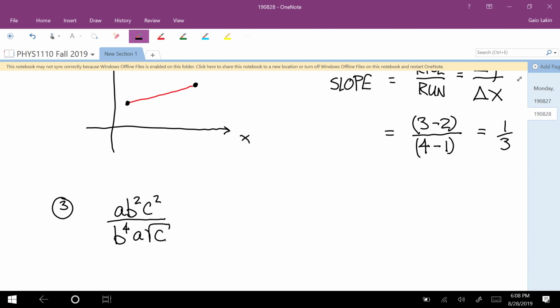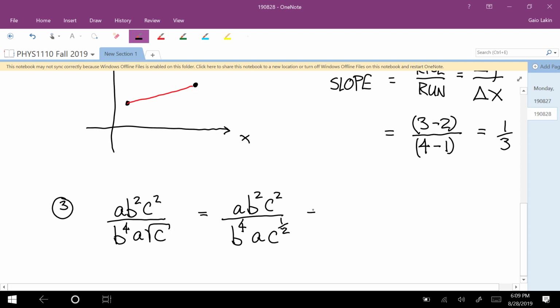I'm going to rewrite this as a times b squared times c squared over b to the 4th times a. And then the square root of c, we can also write as a c with an exponent. What's the exponent that represents the square root? 1/2, yep. So this is c to the 1/2.